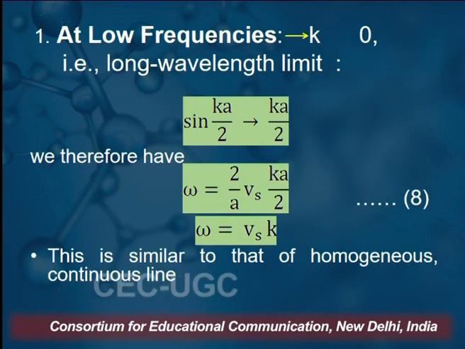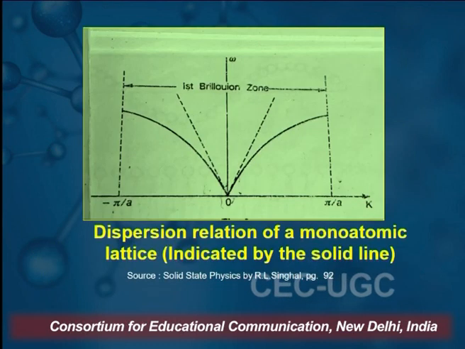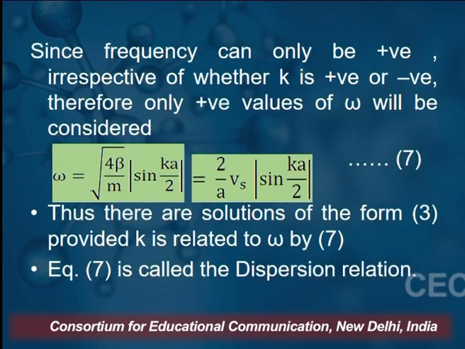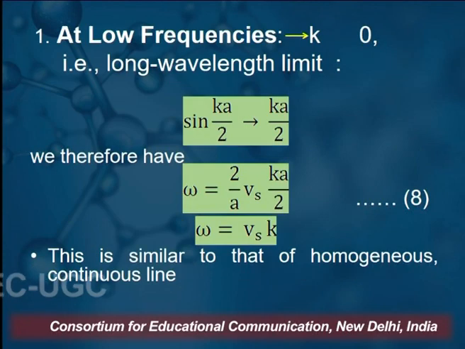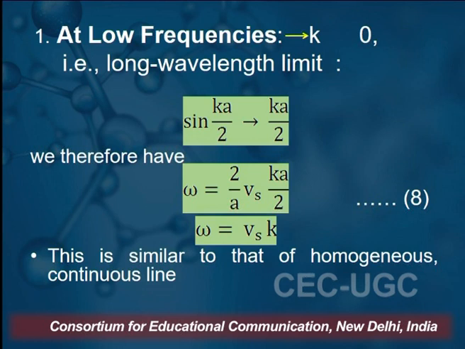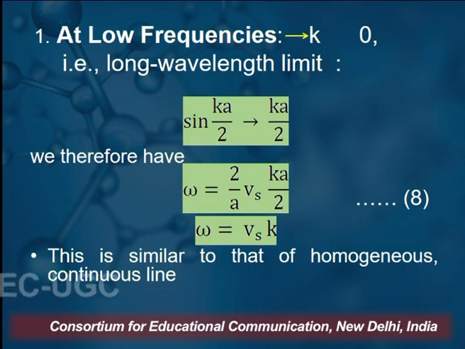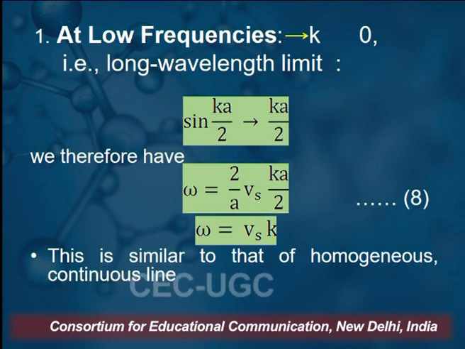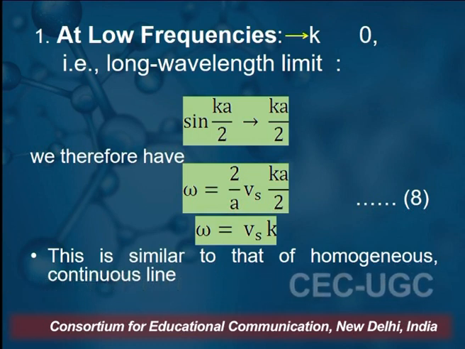Now, let us study the effect of this dispersion relation in the low frequency range, the high frequency range, and at a frequency of under root of 4 beta by m. In the low frequency range, when k tends to 0, that is the long wavelength range, sin of k a by 2 will tend to k a by 2, because we know that when theta is small, sin theta tends to theta.